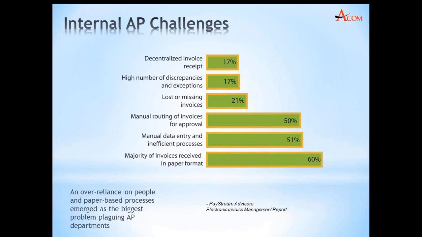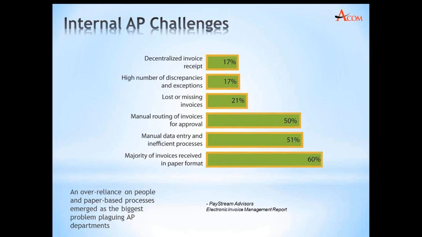So now the question becomes, that was how the outside world is looking in. What about the people who are in the AP department? How do they view the challenges that they are facing? Here is the result of a survey conducted by another external organization called PayStream Advisors. Among the reasons that percolate to the top are that the majority of the invoices are coming in a paper format. So again, handling paper is a big problem. The second thing is that you have to take the paper and manually do the data entry, and you have to manually store the invoices after the process is done.